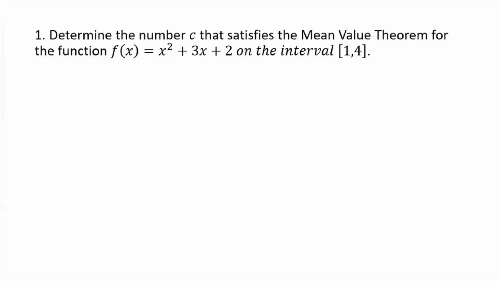So we are asked here to determine the number c that satisfies the mean value theorem for the function f(x) equals x squared plus 3x plus 2 on the interval [1, 4]. To solve for that, our formula says that the integral of f(x) dx evaluated from a to b is equal to f(c) times b minus a.